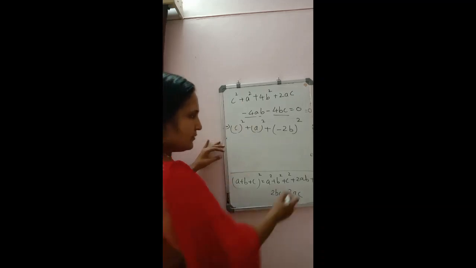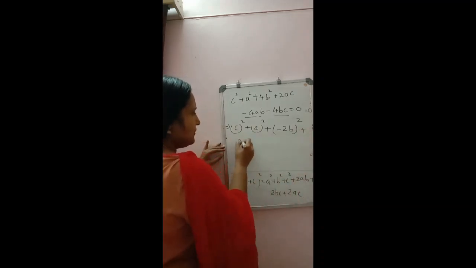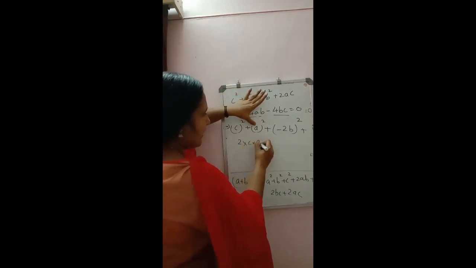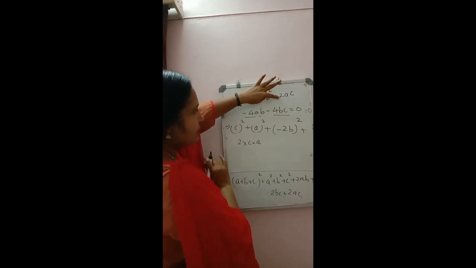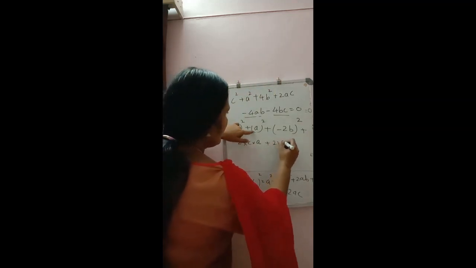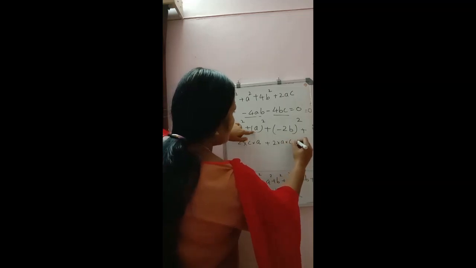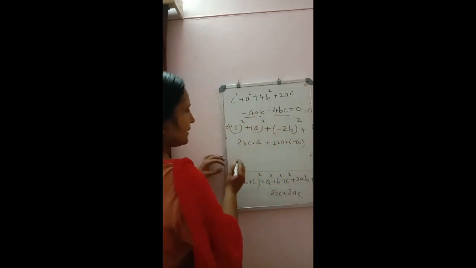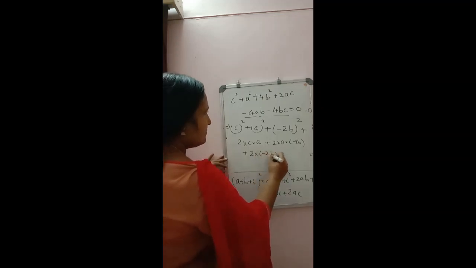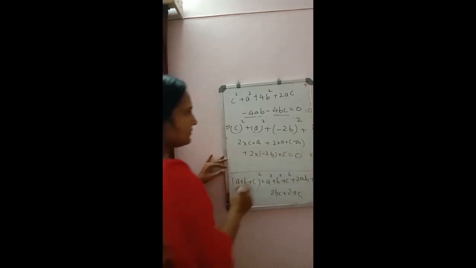So for 2ab, 2 into, in place of a we have c, in place of b we have a. So 2ca we got. Then next 2bc, 2 into a into minus 2b, again you will get minus 4ab. Then next plus 2 into minus 2b into c is equal to 0.